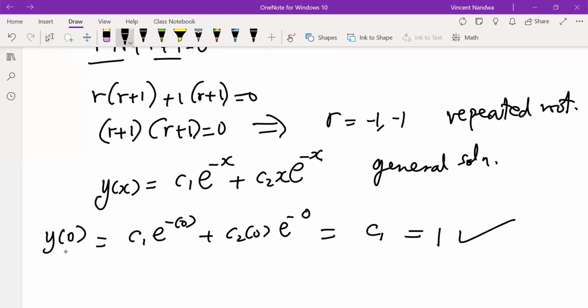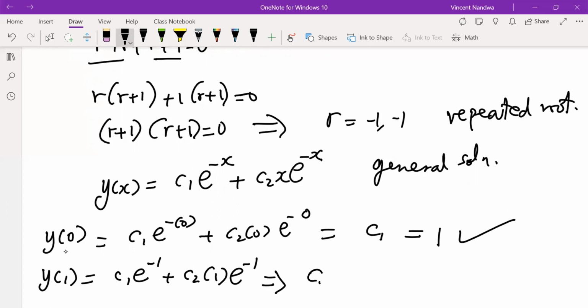So we have one of the unknowns. When x is 1, we have c1 e raised to the power -1 plus c2 times 1 times e raised to the power -1, which is c1 e^-1 plus c2 e^-1 equals, by definition, 3.